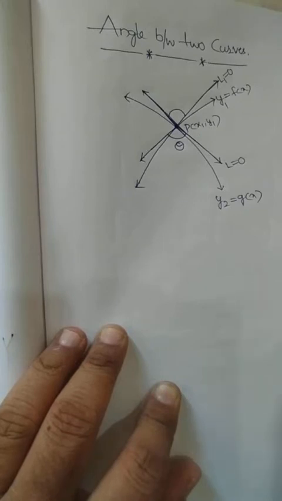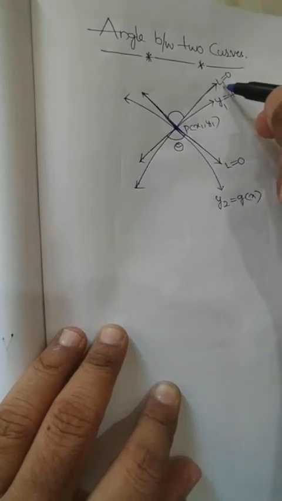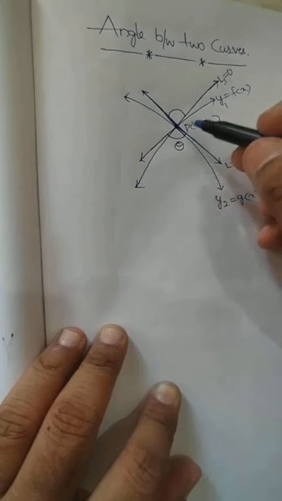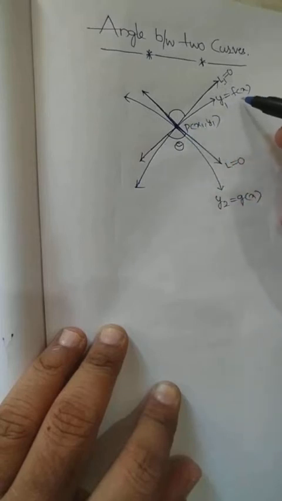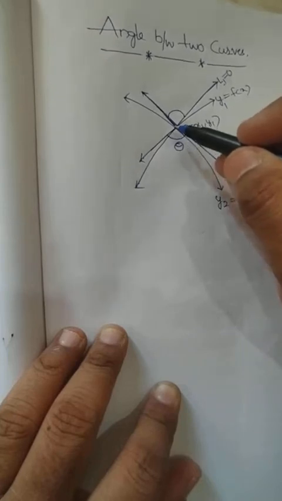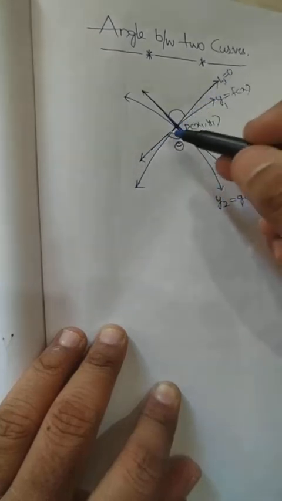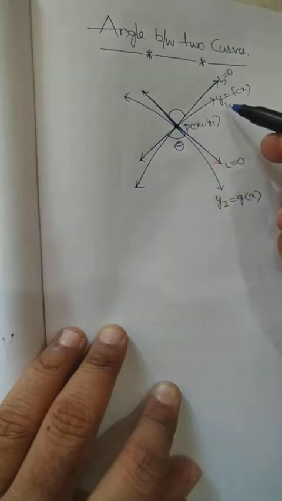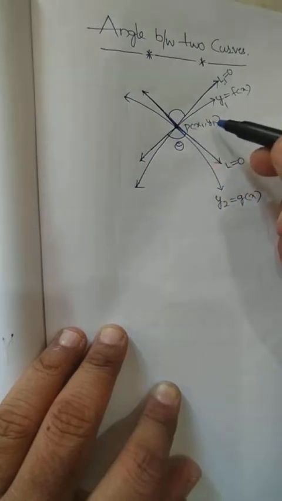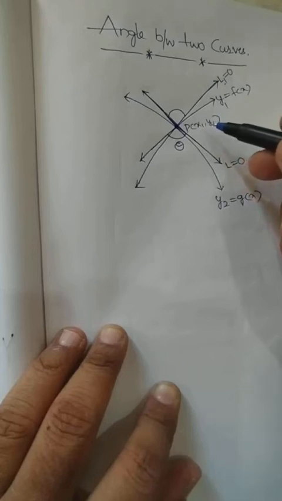Now observe this L1 is equal to 0. What is this? This is the tangent line to the curve y1 is equal to f of x at the point P of x1 comma y1.